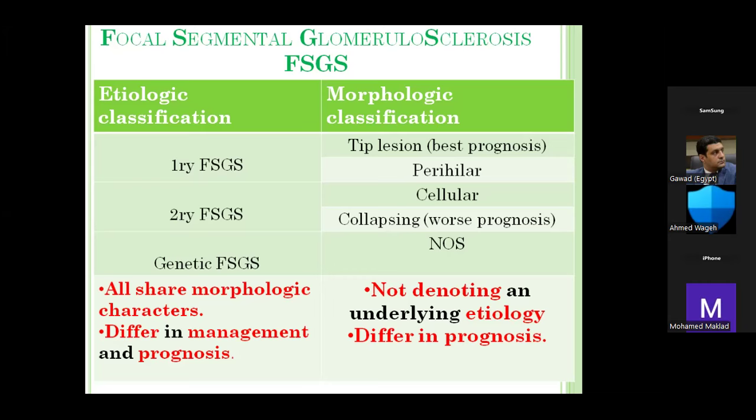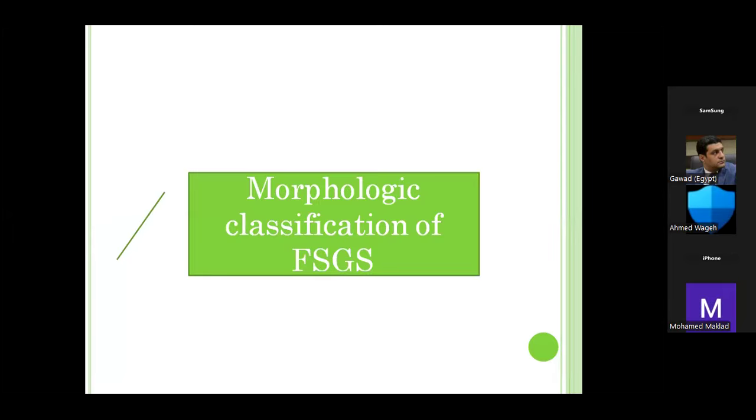All of these etiologic classifications may share the same morphologic character. So primary focal segmental glomerulosclerosis can be tip lesion, can be perihilar, can be cellular, can be NOS, any of these, and the other secondary and genetic FSGS. But all of these etiologic classifications differ in management and prognosis, of course.